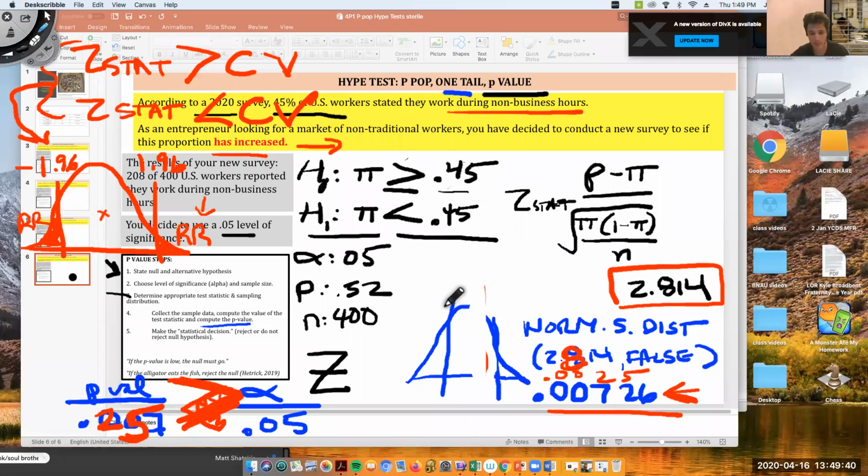Yep. So we would be hypothesizing that the population proportion is out here, but regardless, we would be determining this would be our rejection region down here. Okay. All right. So yes, is the short answer.